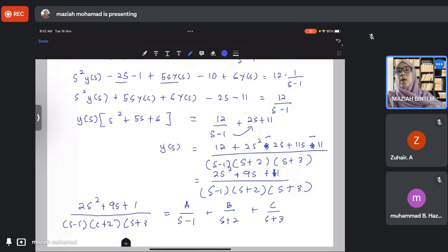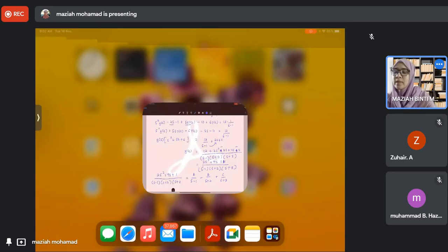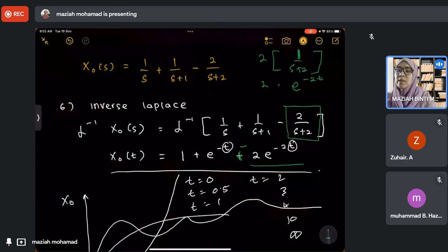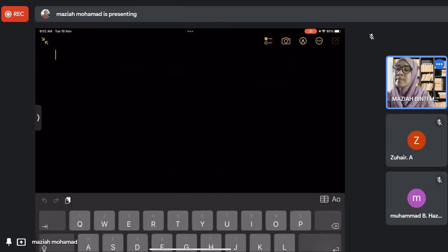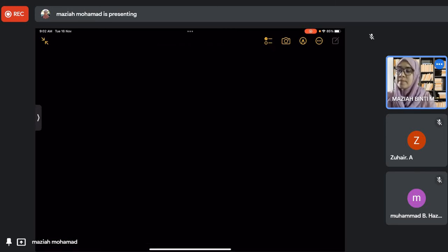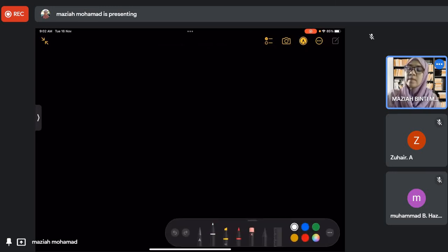Right, so using reminder theorem, we're going to solve for A, B and C. Sebab tak muat, saya tulis kat sini lah. So reminder theorem for A.